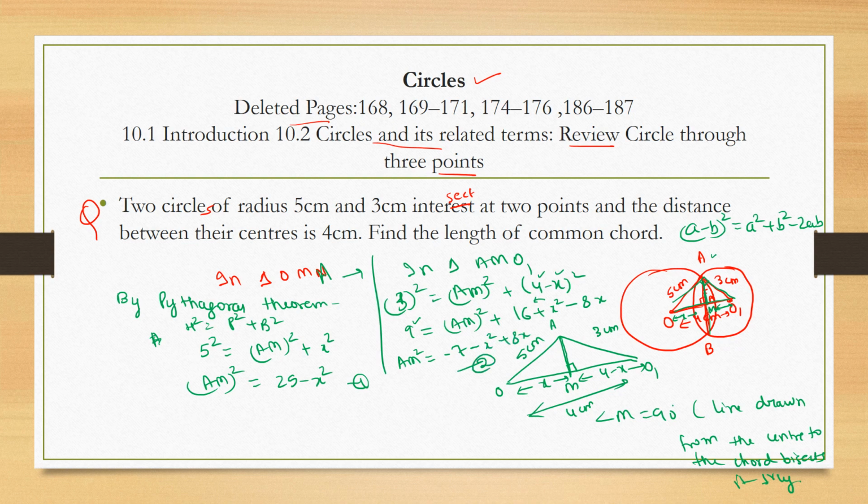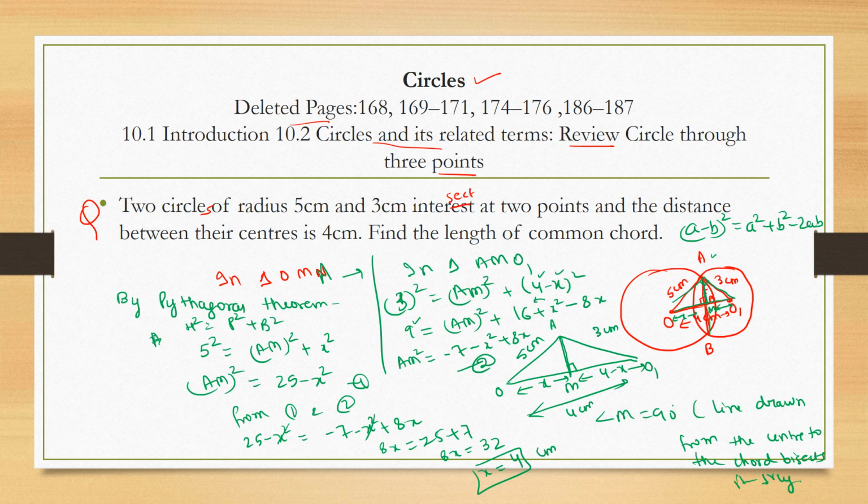This is your second equation. From first and second, 25 minus x square will be minus 7 minus x square plus 8x. Correct? x square gets cancelled with x square. Your 8x becomes 25 plus 7, that is 32. So x becomes 4, as 8 fours are 32.